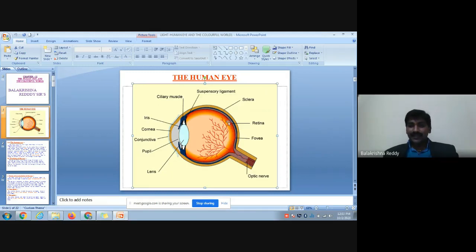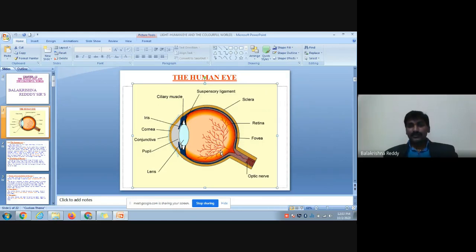Retina is nothing but like a screen. Whatever light enters through this convex lens will converge and form the image on the retina. Next, followed by the retina, you have along the layer the fovea, and at that place you find some branches, which are all optic nerves.